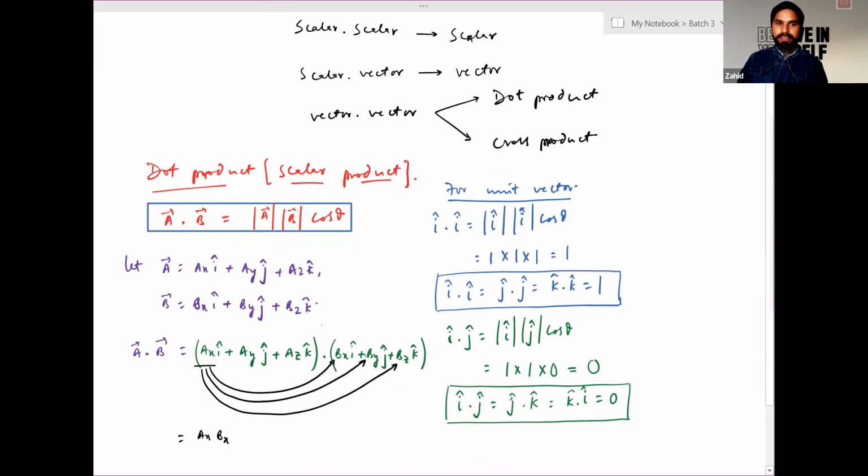But if you multiply Ax into By, I dot j will be 0. Similarly, for the third part, Ax into Bz, I dot k will again be 0. So you'll get only this part. Similarly, if you take Ay, you will get only Ay By, and for the third part you will get Az Bz only. The rest of the terms will be 0. So A dot B equals the product of the same components of each vector. Muhammad Umar, any doubt?